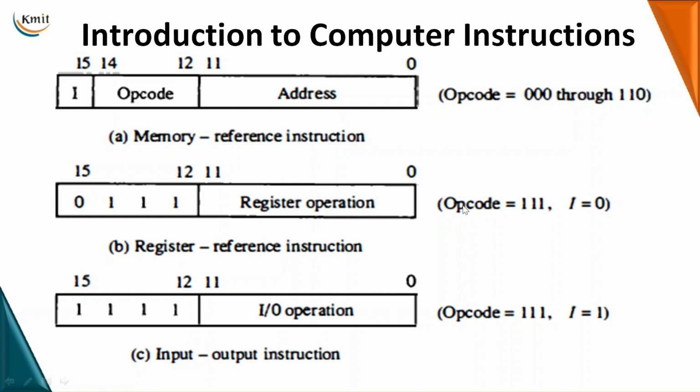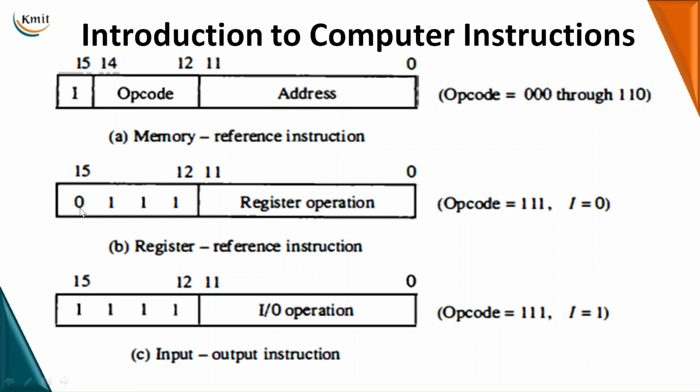And whenever the decoder output is 111, and the I bit, the mode bit, is 0, then the particular instruction is called a register reference instruction. Next, if the opcode part is 111 and the I bit is 1, look at the difference between these two: both opcodes are 111, but the I bit differs.